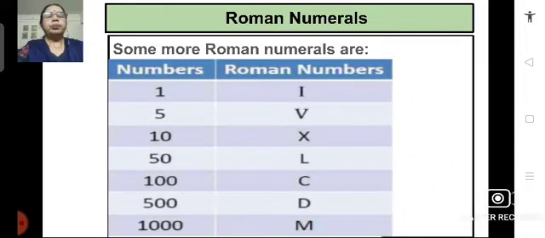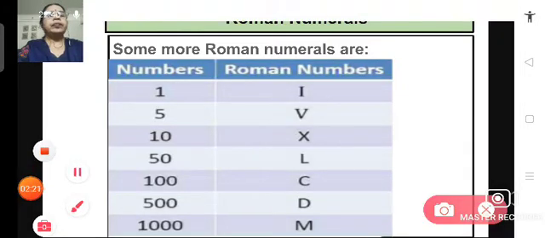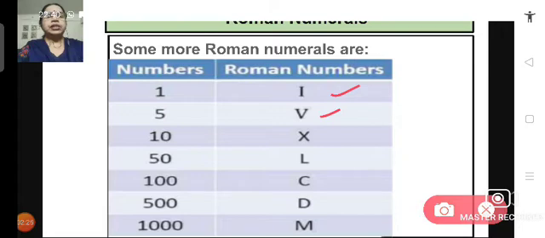So, the important Roman numerals are I, which represents 1, V, which represents 5, X, which represents 10, and apart from them we have L, which represents 50, C, which represents 100, D, which represents 500, and M, which represents 1000.